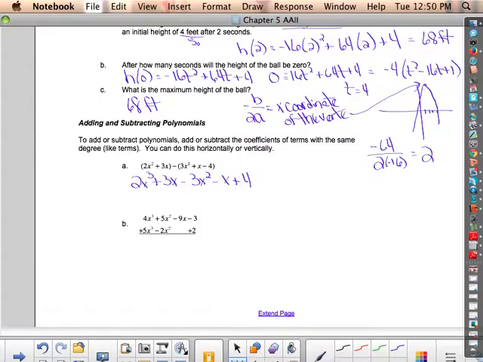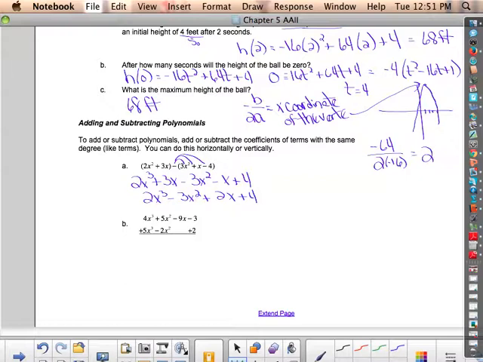What you have to remember horizontally is to distribute that negative sign to each of those terms that follow, and then combine like terms and put it in standard form. So I have 2x to the third minus 3x squared plus 2x plus 4. And that would be my answer.